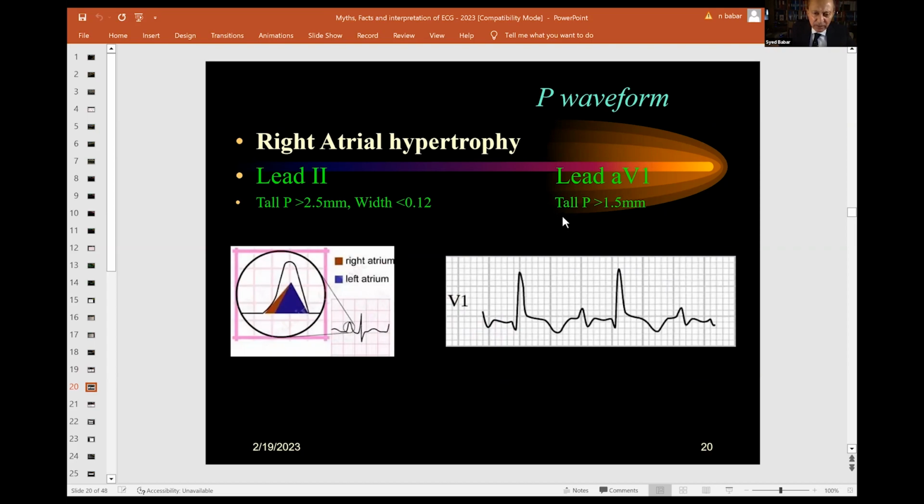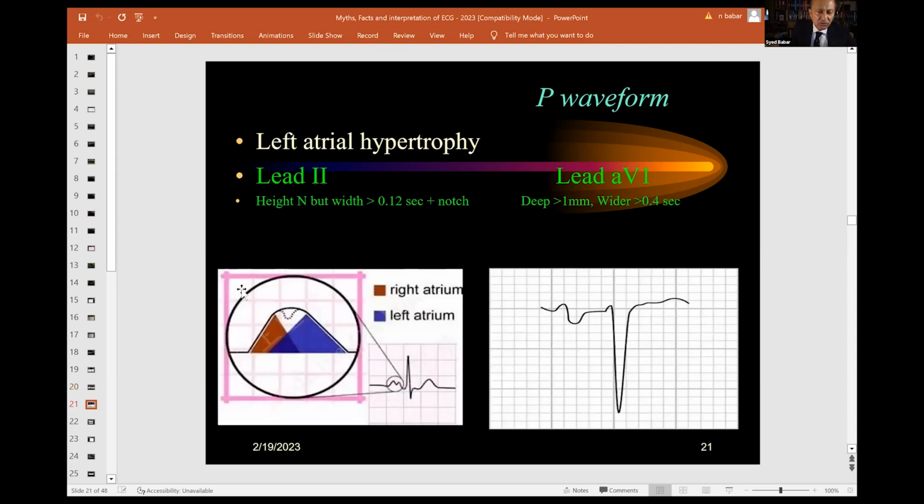In V1, you would see that the P wave is actually inverted, and then it has gone down to the Q. So with the right atrial hypertrophy, you see the first peak of the P, then a downslope, and the second peak, which is of the left atrium. And in V1, you would see that the P wave is upright representing the right atrium, and then it's the left atrium, which is more downsloping.